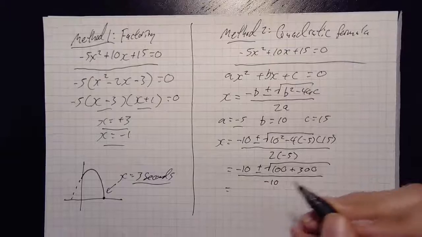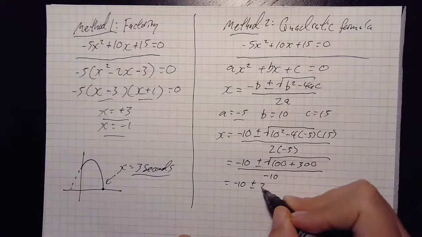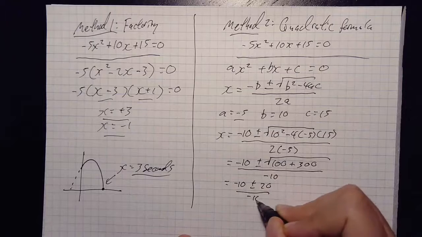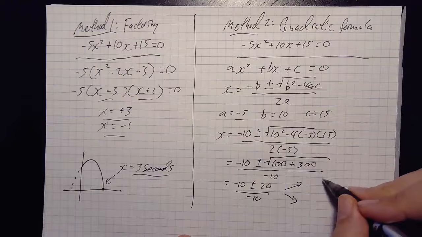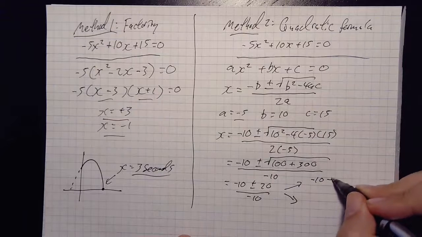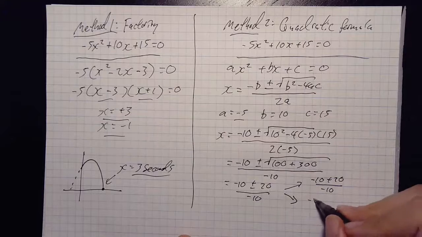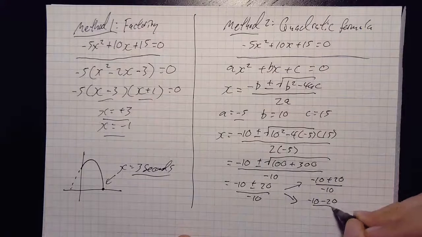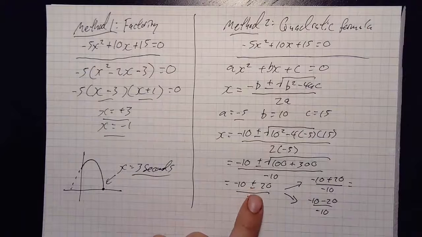So that's going to give me negative 10 plus or minus 20, all over negative 10. This gives us two solutions: negative 10 plus 20 over negative 10, and negative 10 minus 20 over negative 10. That's what the plus or minus means. It means there's two different solutions here.